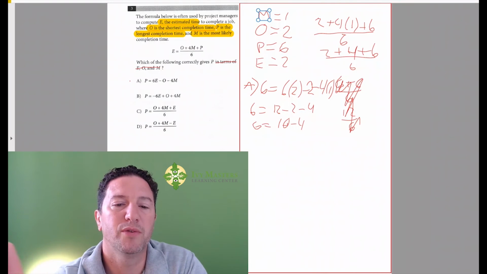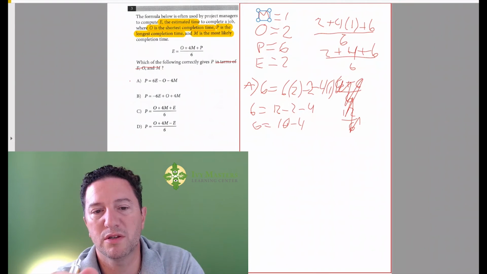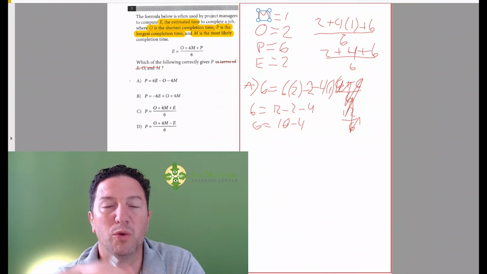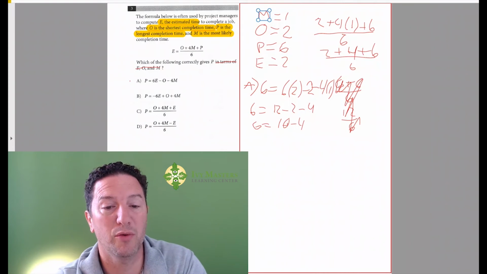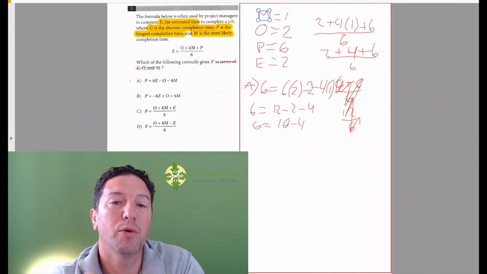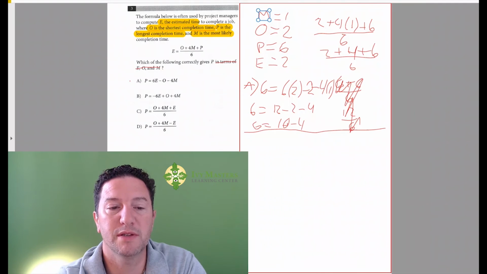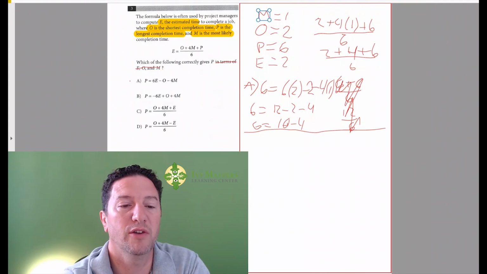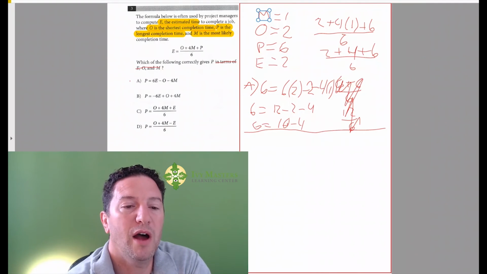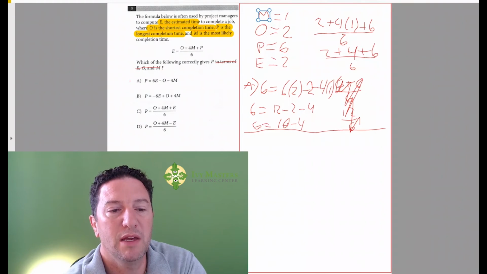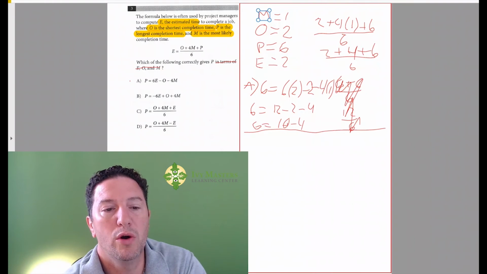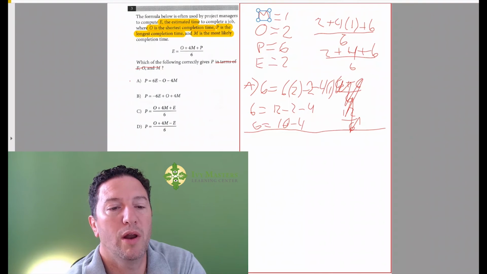Now instead of plugging into all the other answer choices to ensure that, which you would do at test time if you have the amount of time, we're also going to solve this algebraically now, because you want to know where you made your algebra mistake if you got this question wrong. So if I've got the original up here, E equals O plus 4M plus P, the whole quantity over 6.